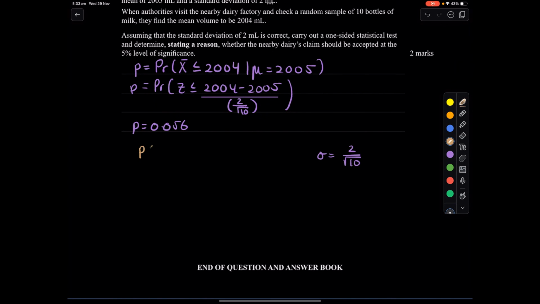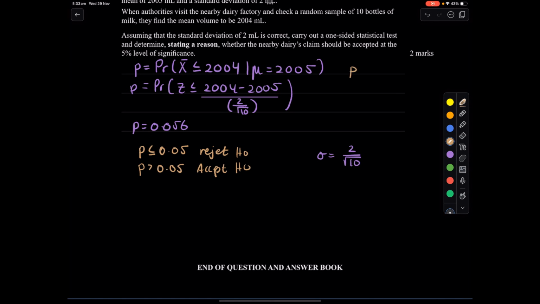Okay, this is the case. We know that if p is less than or equal to your level of significance, which is 0.05, we reject the null hypothesis. If the p-value is greater than 0.05, we accept the null hypothesis. In this case, it is actually greater.